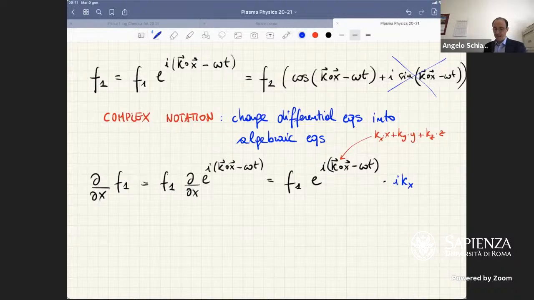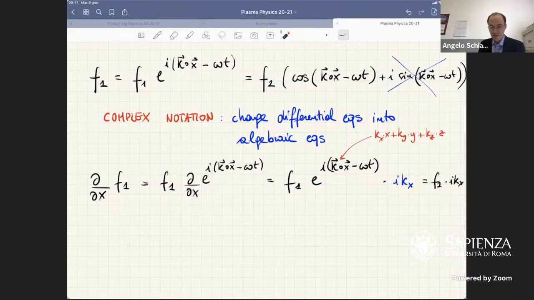So we can express this as f1 times the exponential, which is the original perturbation, so it's actually f1, and i kx is the factor that drops out.